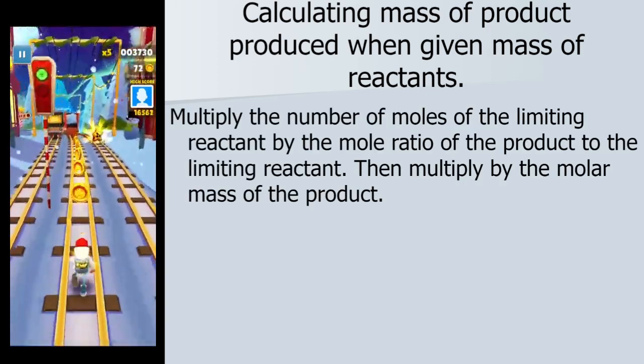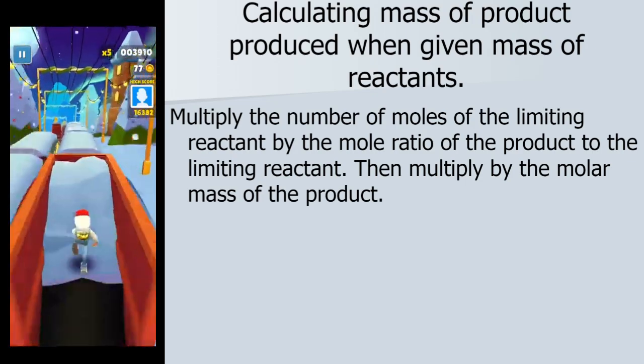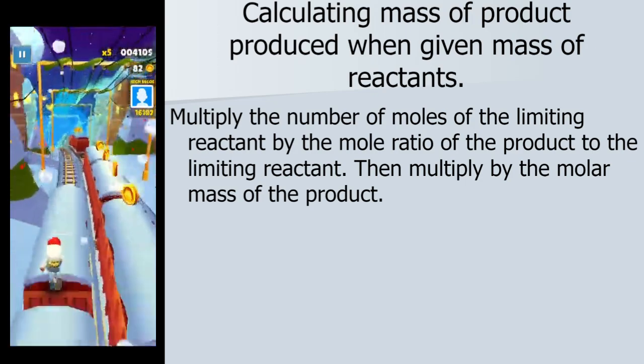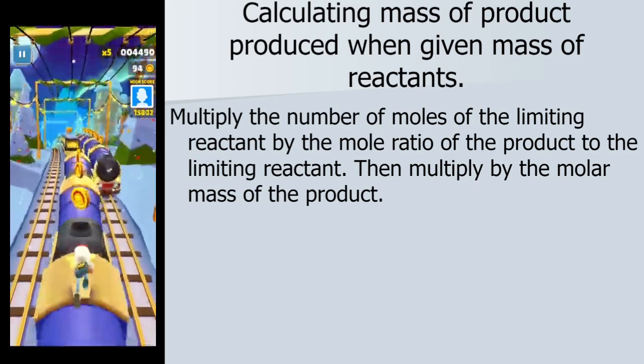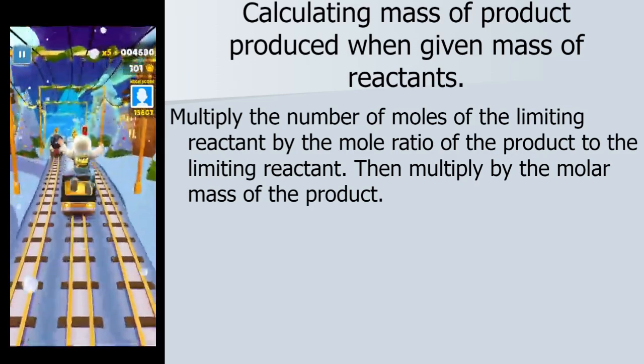So we can also multiply the number of moles of the limiting reactant by the mole ratio of the product to the limiting reactant, then multiply by the molar mass to calculate the mass of the product.